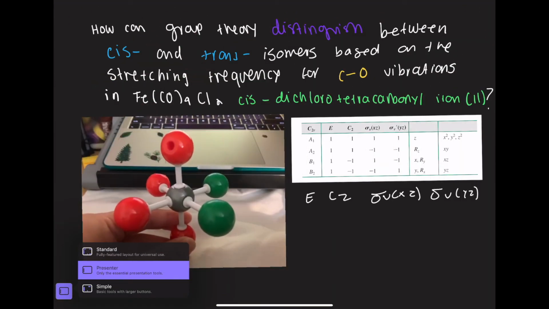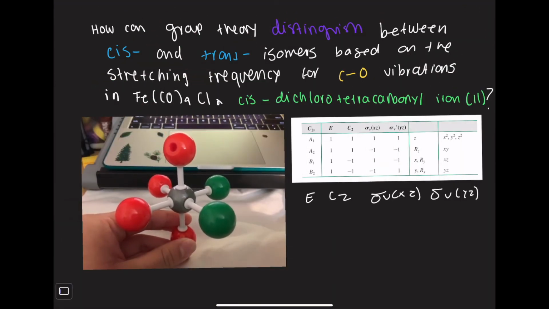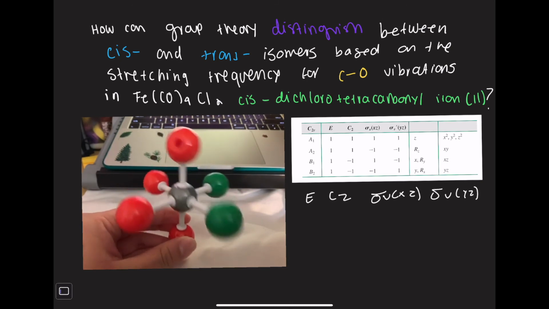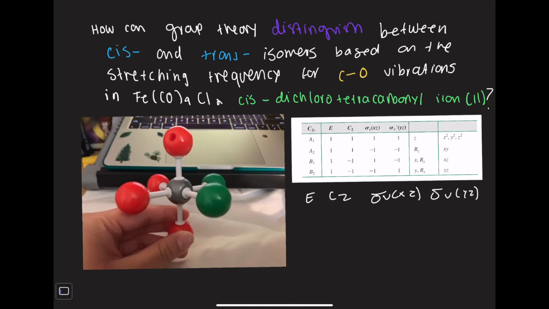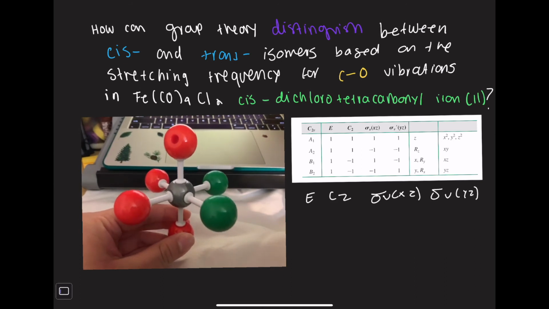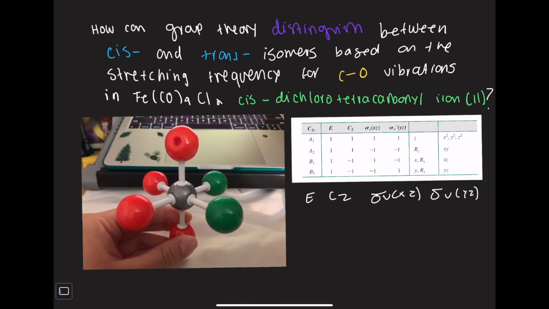Now we're gonna see how group theory can distinguish between a cis and a trans isomer. This is based on the frequencies, because right now we're gonna look at the frequencies from the CO vibrations. So these are our COs and these are our CLs, right?